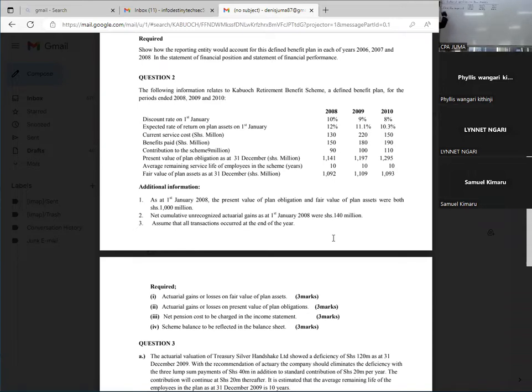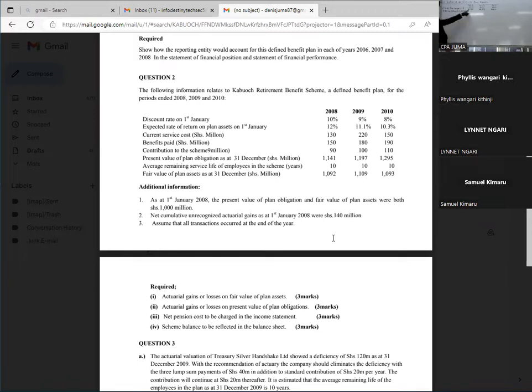Then expected return percentages: 12, 11.1, 10.3.